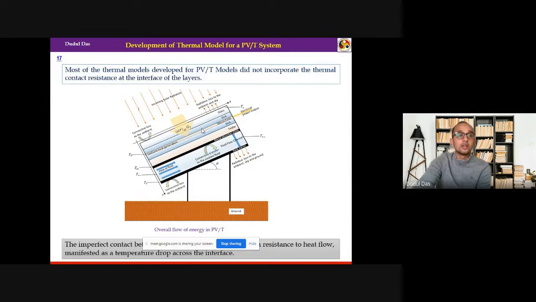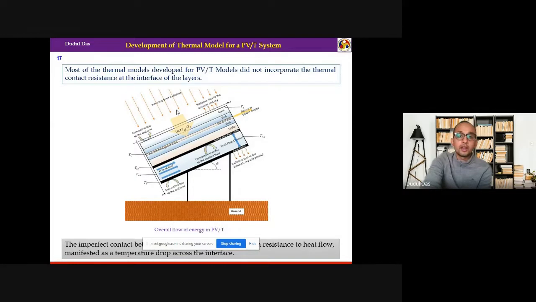That means 2 different materials are joined at one interface. That means 7 different layers of different materials, and there are 6 interfaces, and at each interface there is some resistance to thermal energy flow.